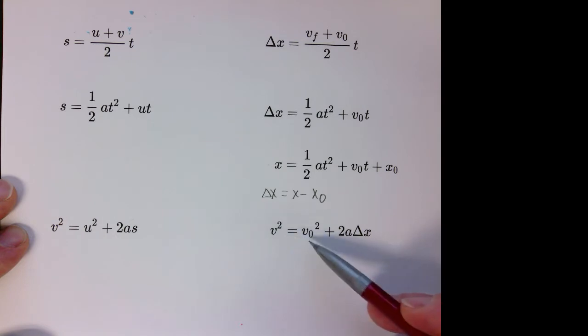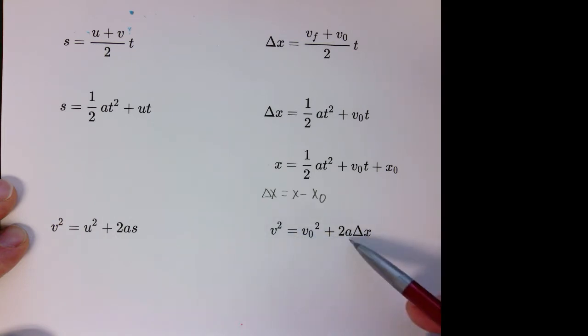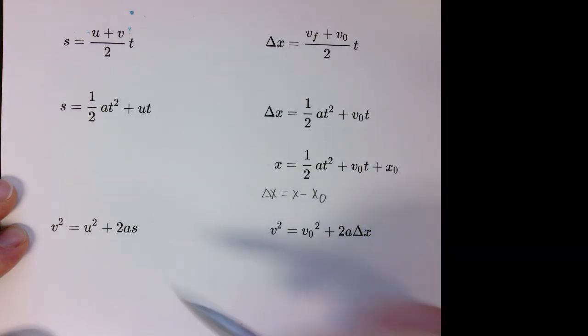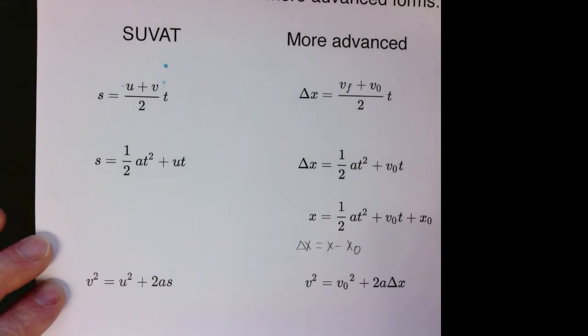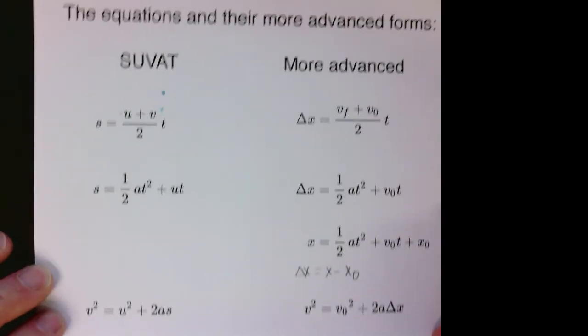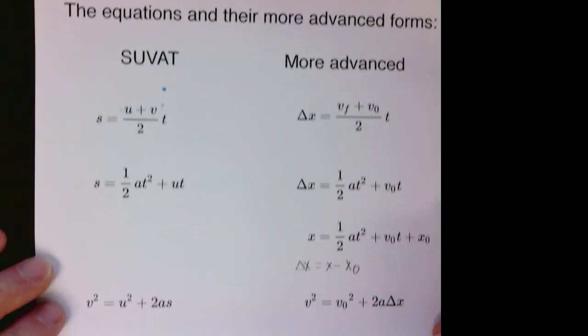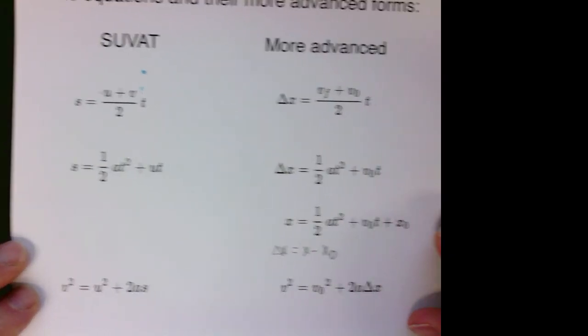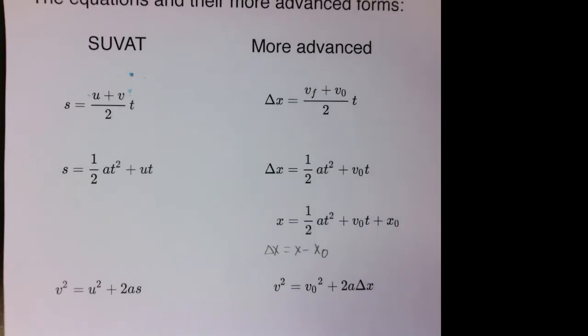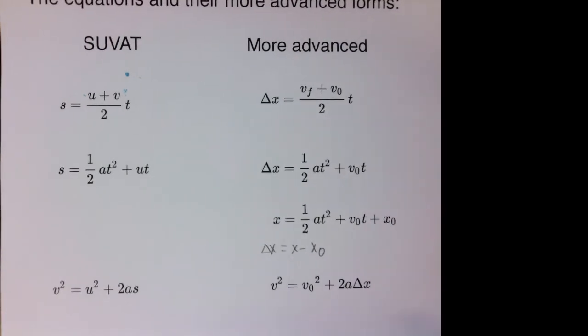Again, v, initial velocity, acceleration, and delta x for displacement instead of s for displacement. Simply knowing these equations will allow you to solve most kinematics problems, and nearly all of them if the acceleration is constant. I will spend considerable time deriving them and their meaning graphically in the following lessons.